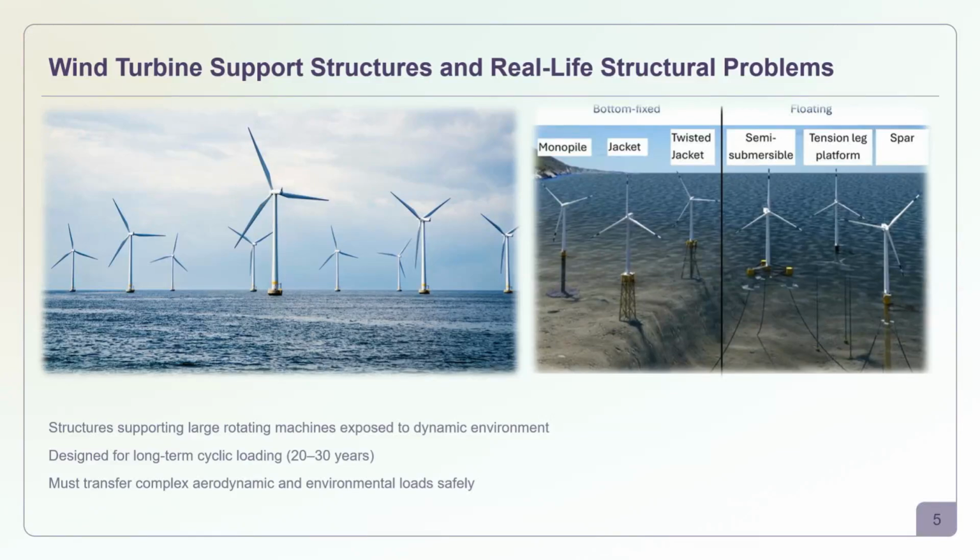So these structures must safely transfer the loads, which are the aerodynamic loads and environmental loads, into the foundation systems, while also they have to maintain the structural integrity throughout its lifetime, which for this type of structures is usually between 20 and 30 years, sometimes even 40 years.